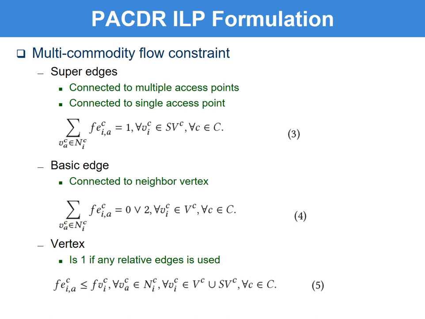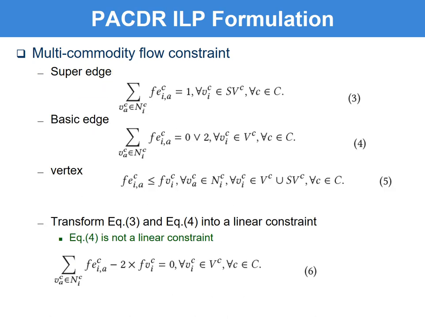To determine if a connection passes through a vertex, we check if any neighboring edge to the vertex is used by the connection. If any edge has a flow of 1, then the flow of the vertex should also be 1. To simplify the nonlinear constraints in equation 4, we utilize the vertex variable from equation 5.